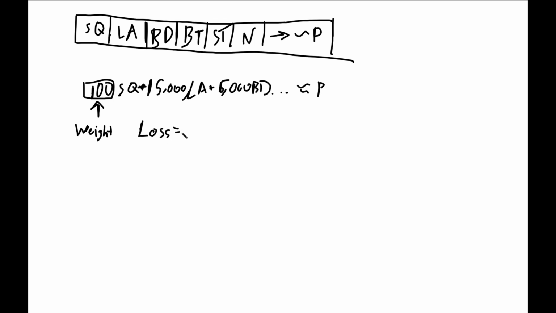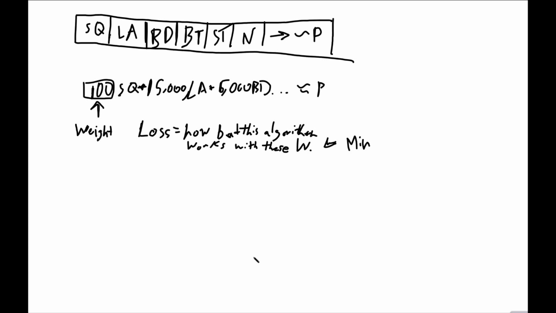So the loss is just a measure of how bad this algorithm works with these weights. So that's the loss. Well, that means that our goal to find these values would be to minimize this.